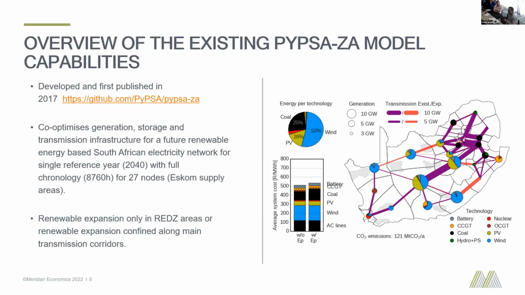And it's modeled at the level of the 27 ESCOM supply areas. So you can see an example of what the output of that model looks like. And really you can build resources in two areas. The one set of options, we're looking at the red zones, and the other is around power corridors and so on.